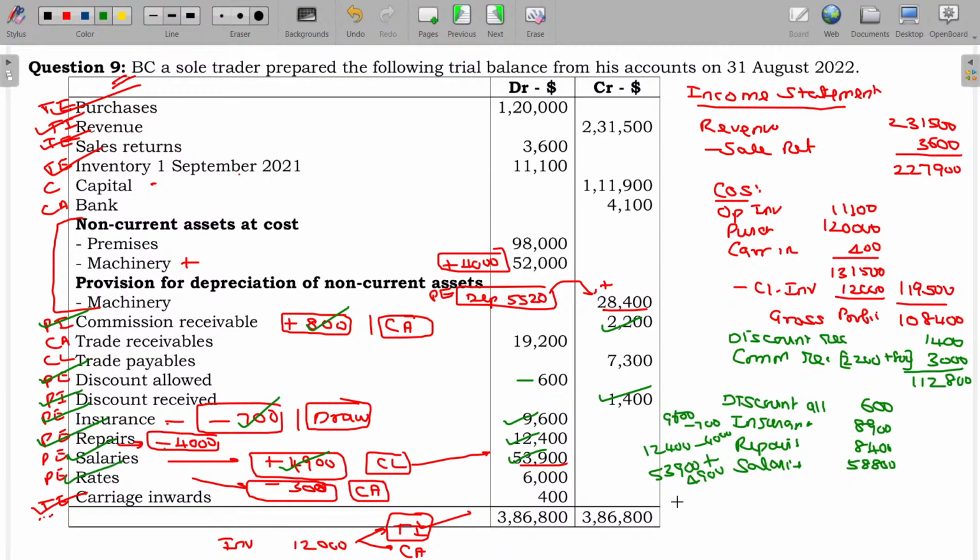And rates, we have to adjust this 300: 6,000 minus 300, 5,700. Then here is depreciation for the year, especially for machinery, 5,520.